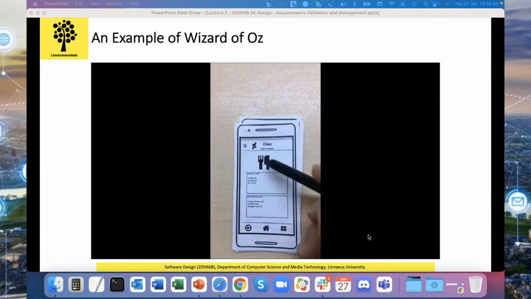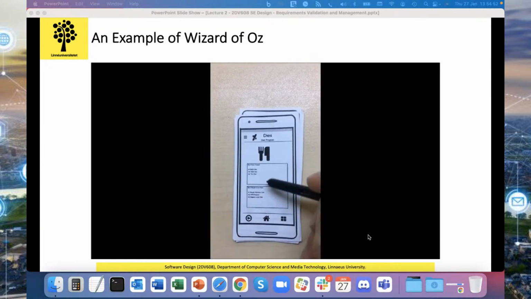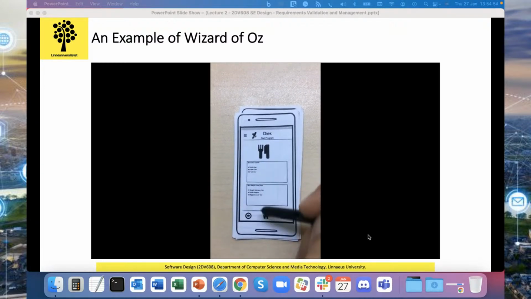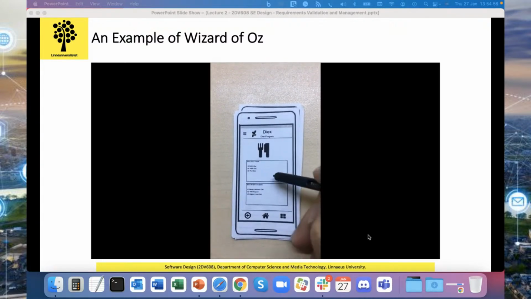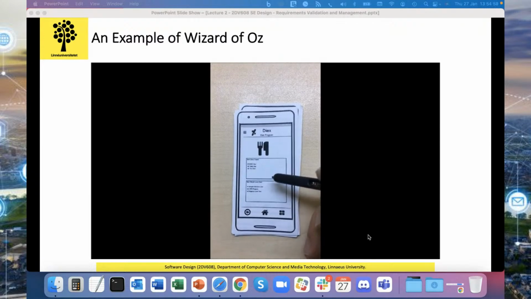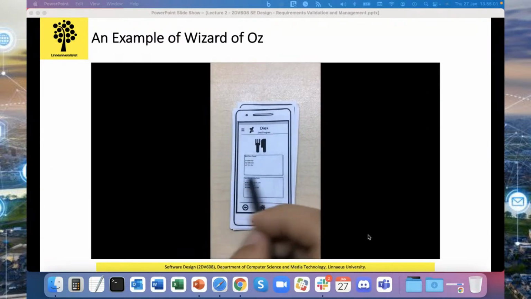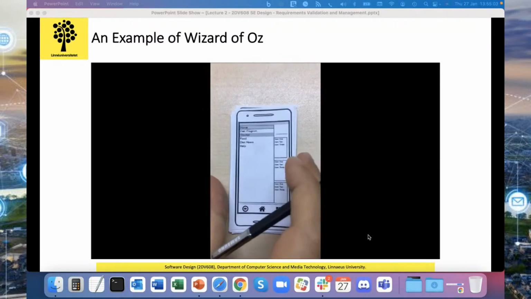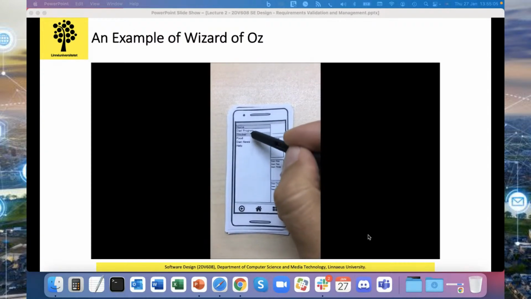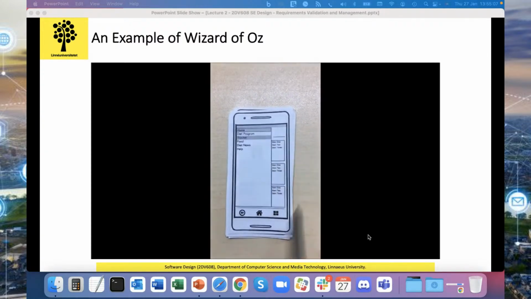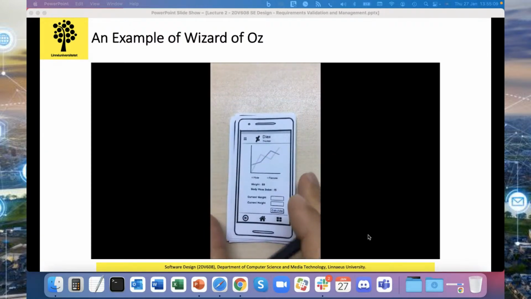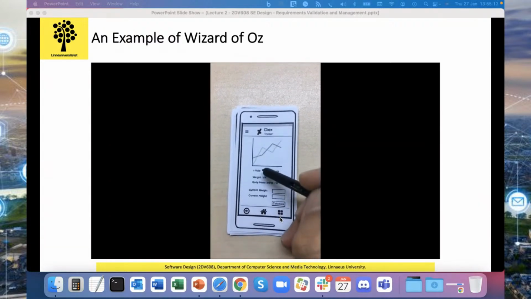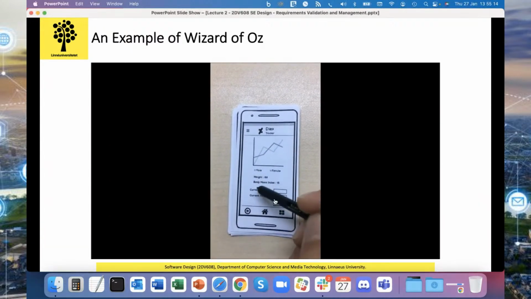Here in diet program, we can choose our diet program, which diet we want to do, and then drag our finger to go to the next item. And then here we have tracker. If you click tracker, then here in tracker we have a graphic, and here we can choose.